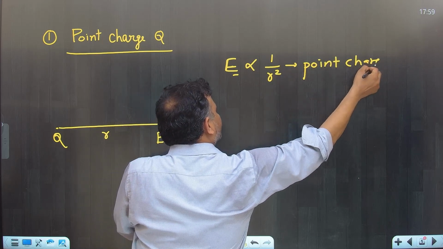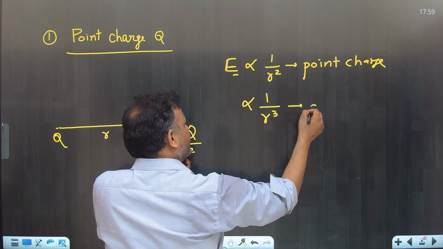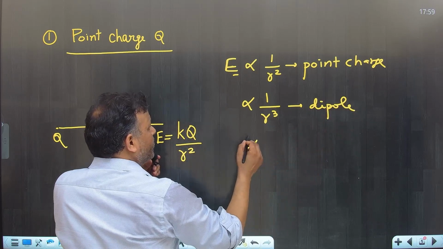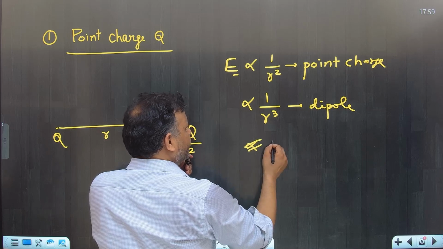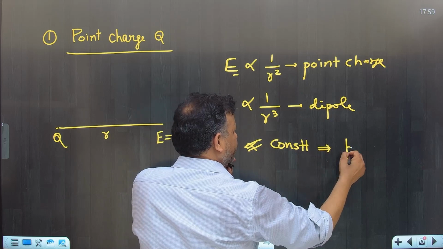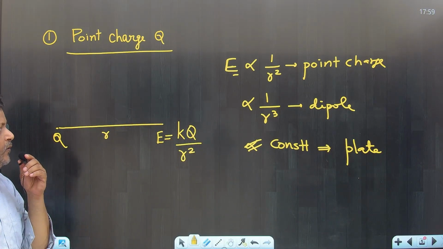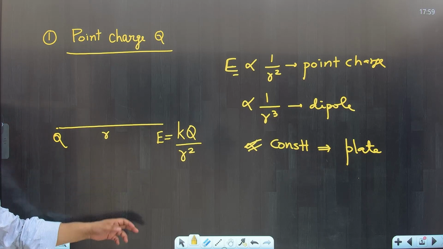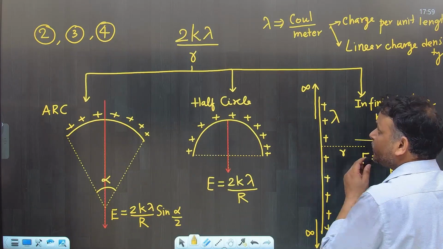If electric field is proportional to 1 by r cube, it is called a dipole. And when electric field is constant everywhere, then it is a plate. For plates, it is not a function of distance. So for point charge, electric field is equal to kq by r square. So come to the next point.